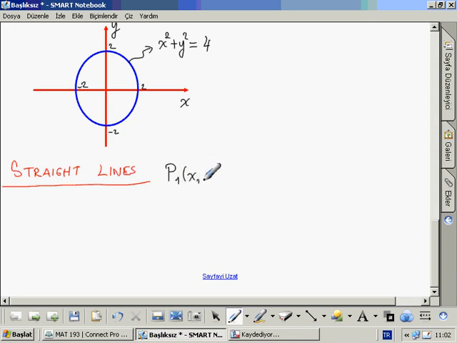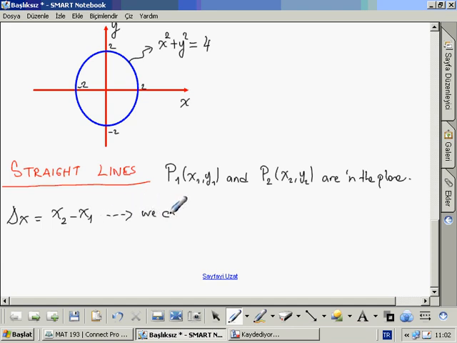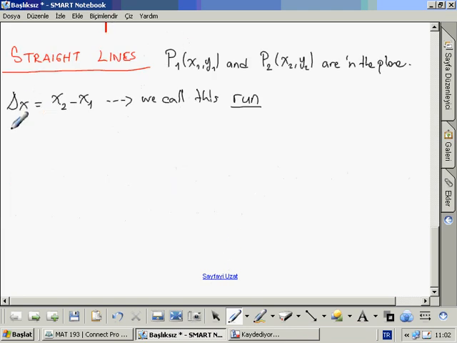P1 x1 comma y1 and P2 x2 comma y2 are in the plane, and delta x equals x2 minus x1, and we call this run, and the delta y equals y2 minus y1, also we call this rise.